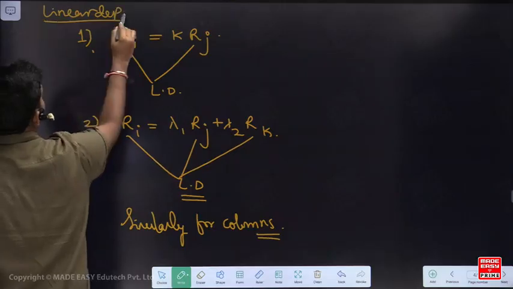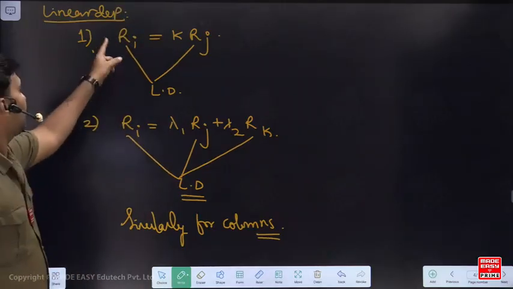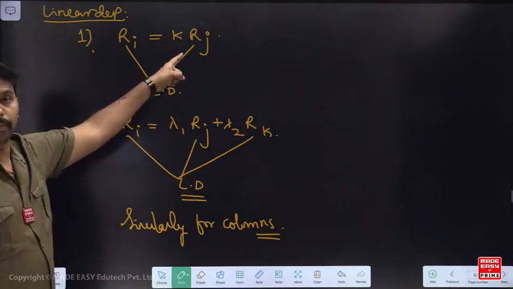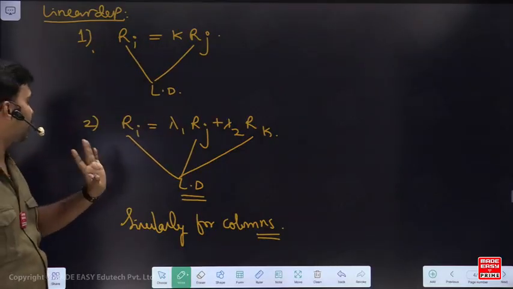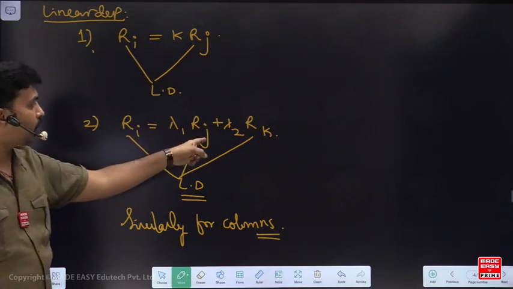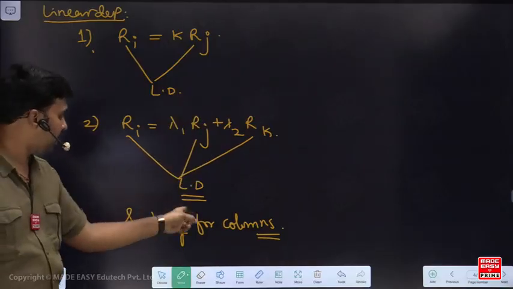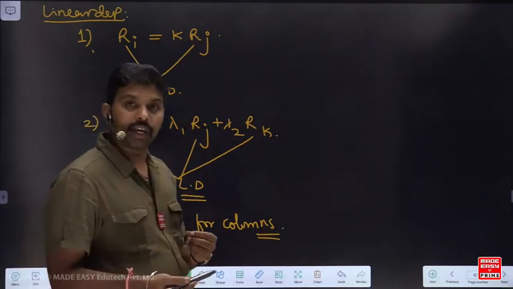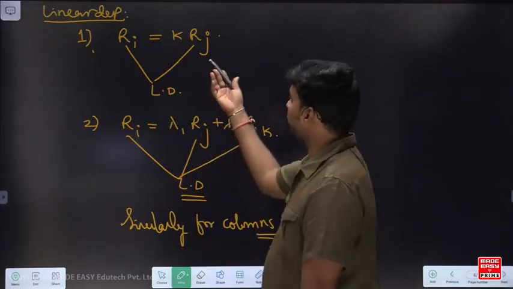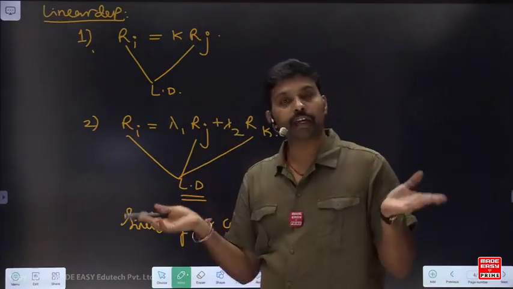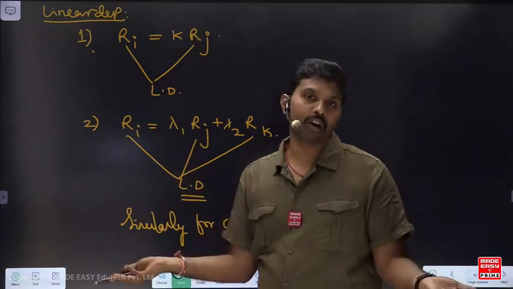If we look at linear dependency, this is the way. If one row is proportional to another row, then they are linearly dependent. If one row is a linear combination of other rows, then they are linearly dependent. The same dependency we can apply on columns also. Vectors means they may be row vectors or they may be column vectors.